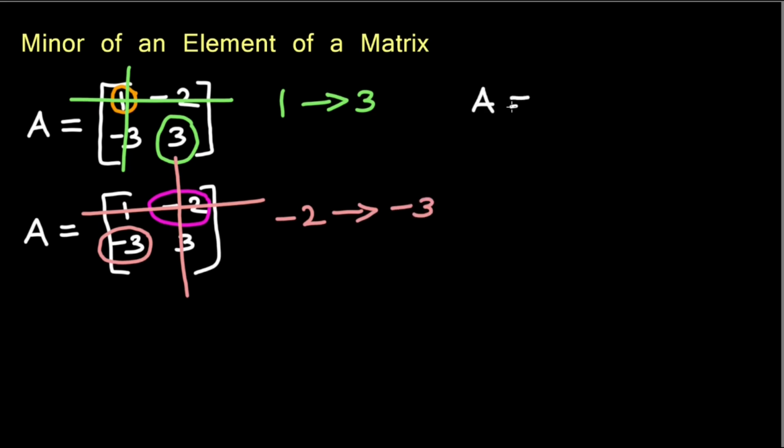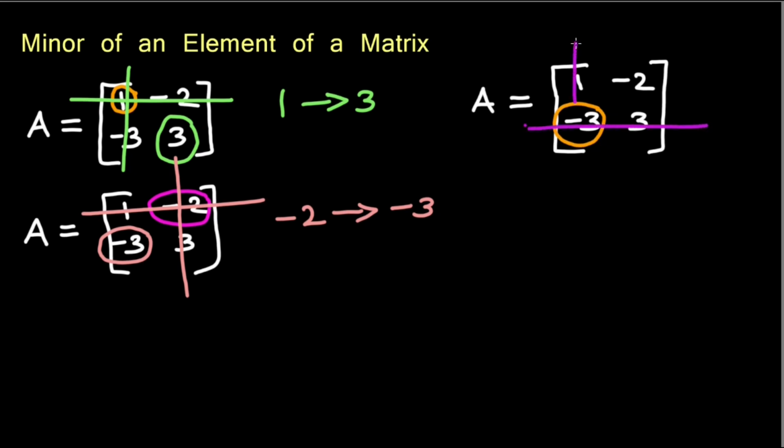Suppose we want to find the minor of the third element, minus 3, of this matrix. Then we have to hide the second row and first column passing through minus 3, and what remains is minus 2. So minus 2 is the minor of element minus 3.